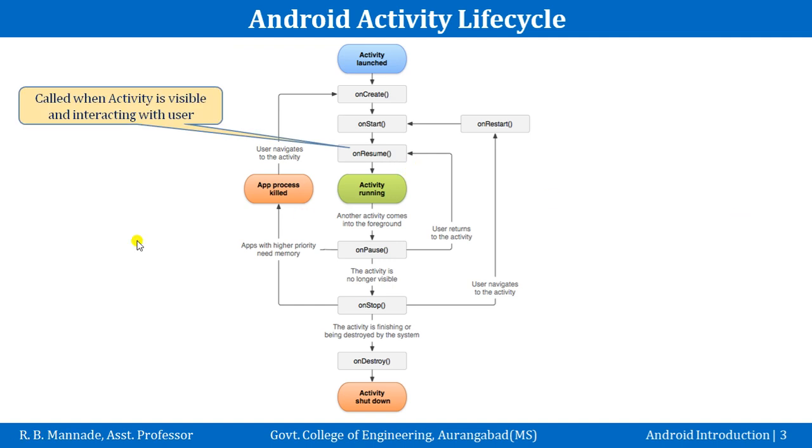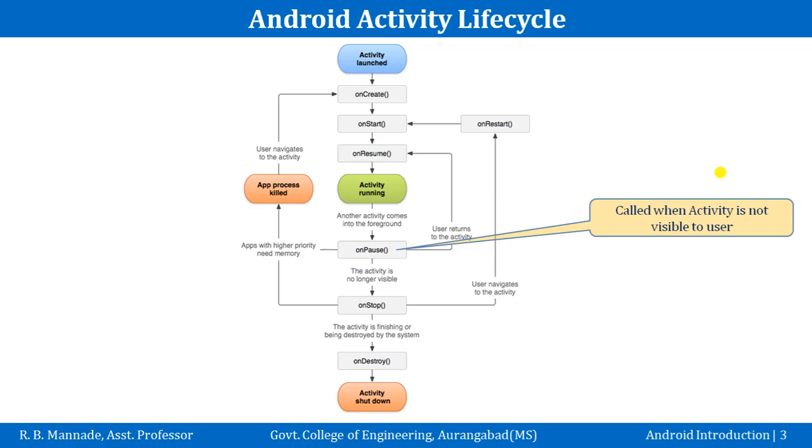Then onResume. This onResume function is called when the activity is visible to the user and the user is interacting with the activity. So when the activity is totally visible to the user, the onResume function is called, and after that the activity is in running state, right?